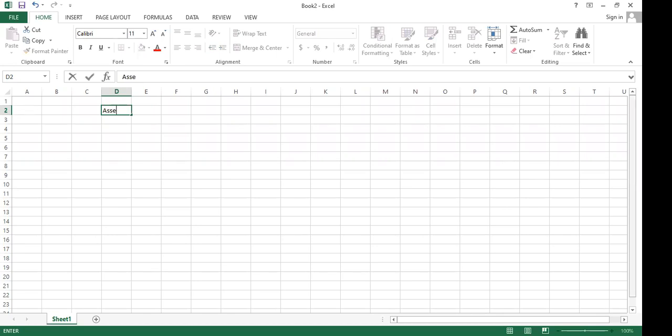Assets. Can you see my Excel sheet? Yes, sir. Okay.